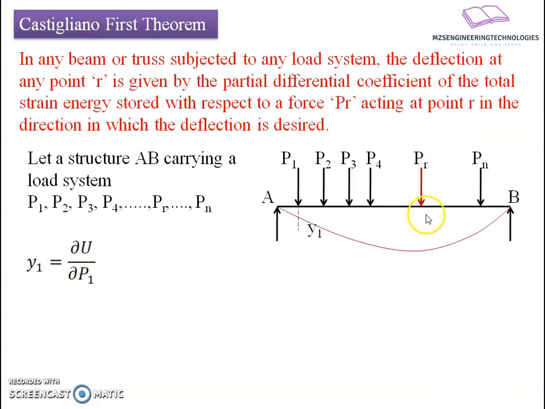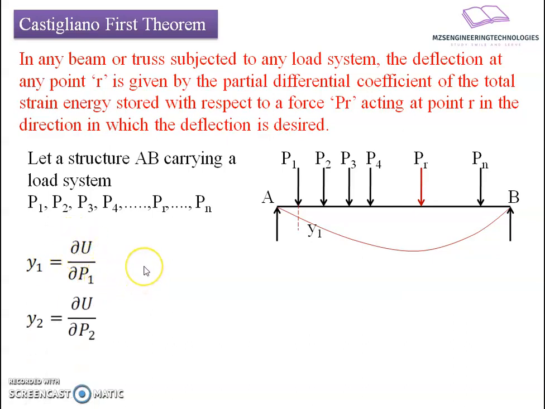For that, if I am interested in the deflection caused by the P1 load, I take the partial derivative of the total strain energy with reference to that load. I will make this load the variable. So y1 is equal to dou U upon dou P1. Here dou represents the partial derivative.